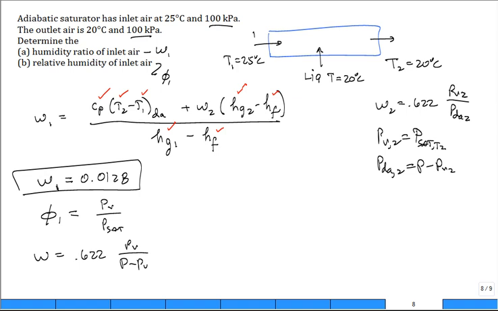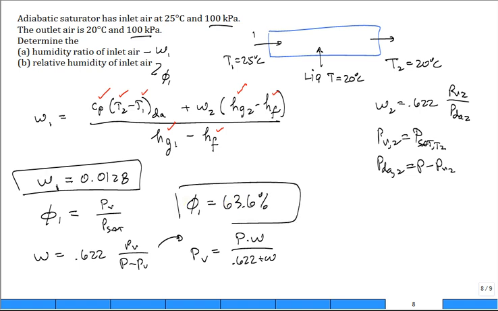So I have to unravel that equation to work backwards. PV is equal to the pressure times the humidity ratio divided by 0.622 plus the humidity ratio, if I did the algebra correctly. And now that you have PV, you can calculate the relative humidity on the inlet, and we find that the relative humidity is 63.6%.